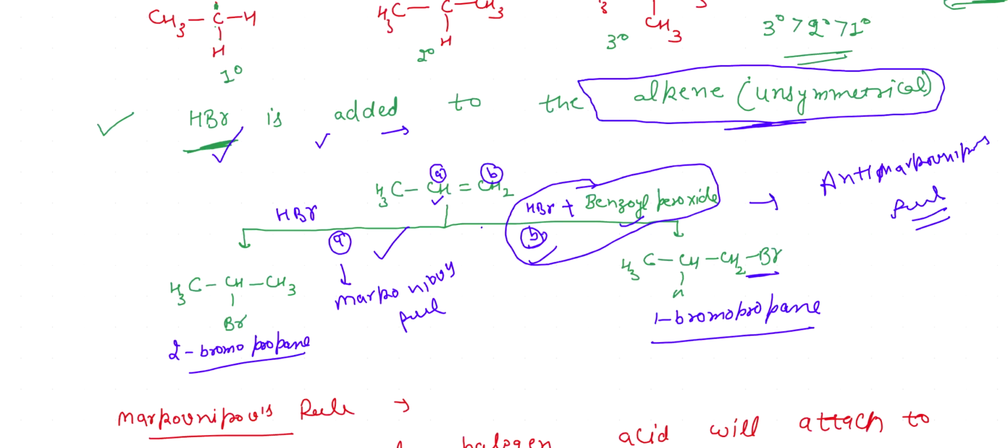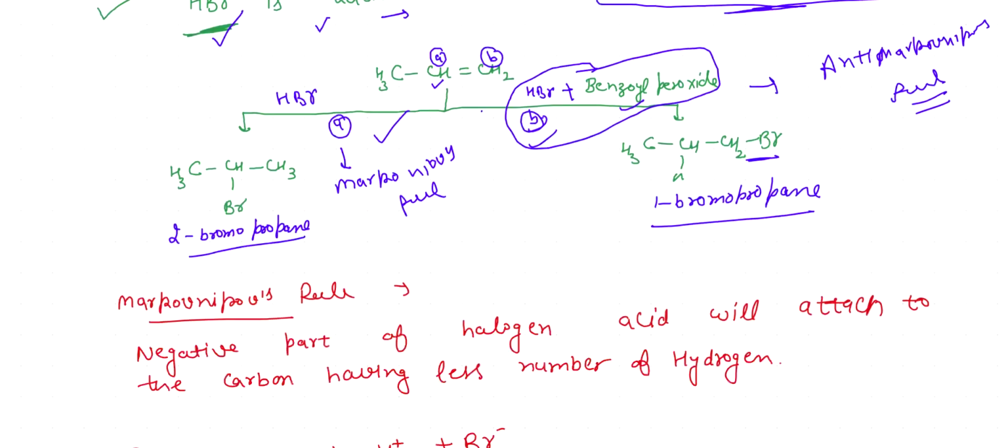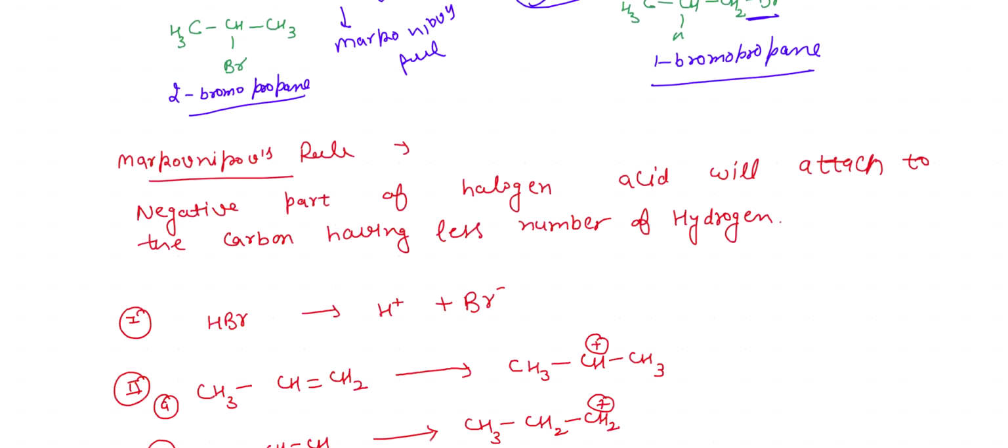Let's understand this by mechanism. In the first case, Markovnikov's rule, consider the negative part of the halogen acid. Halogen acid means HBr. H carries a partial positive charge and bromine carries a partial negative charge due to the electronegativity difference between these two atoms.